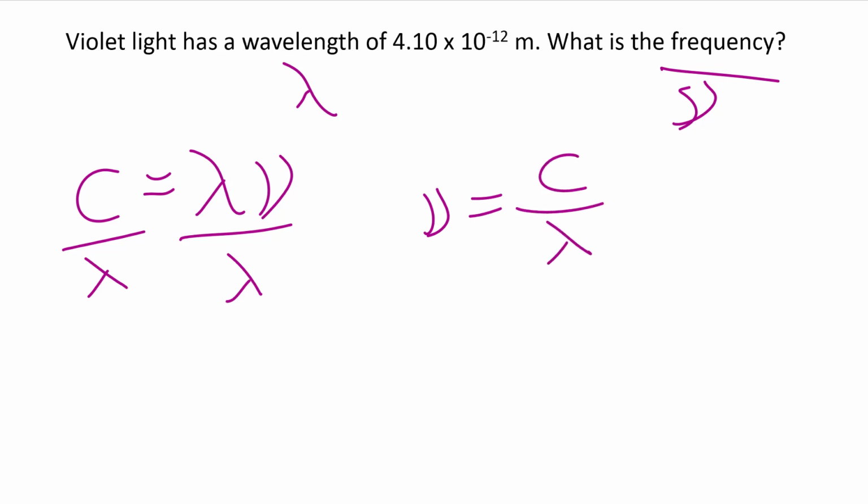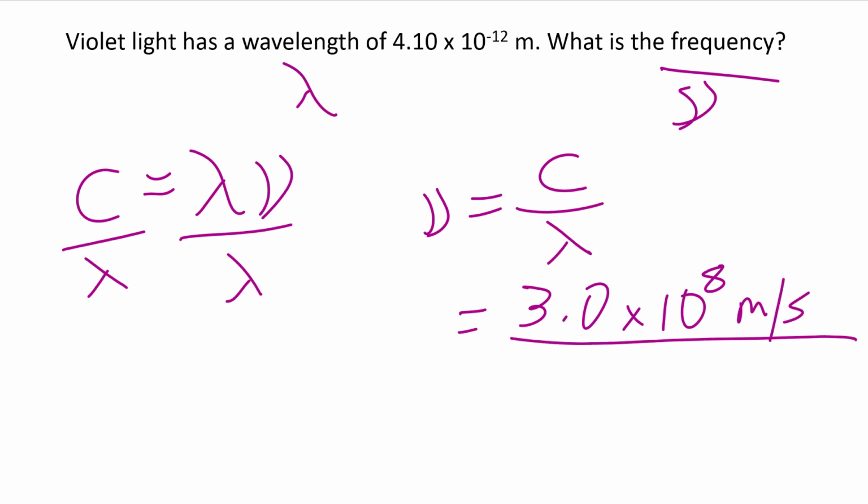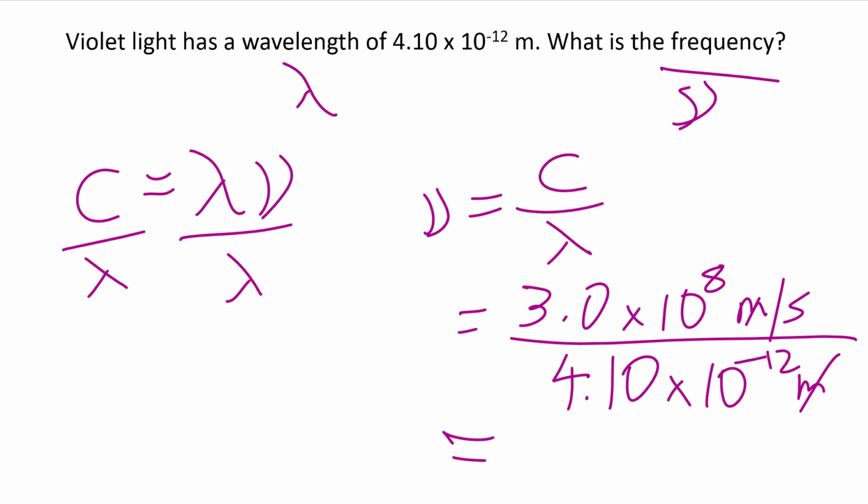So now we're going to plug it in. C is 3.0 times 10 to the 8th meters per second. You'll be given that on the quiz. And lambda is 4.10 times 10 to the negative 12 meters. You notice the meters cancels the meters, because one's on the top and one's on the bottom.